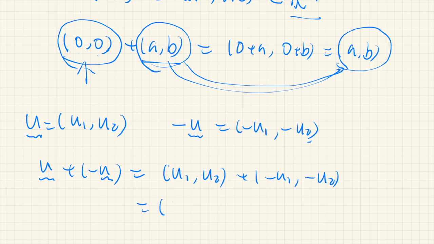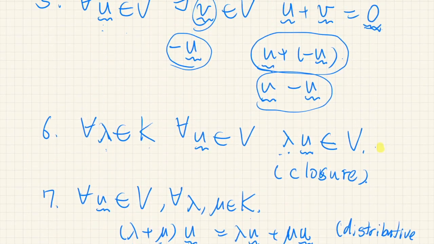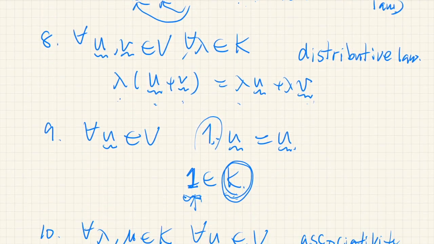If we add them, we have u1 minus u1 and u2 minus u2. That is (0, 0), which is the additive identity. By the way, as you can see from this, this additive inverse can be written as negative 1, which is a scalar, times u, right? So in this way, you should check all these properties for example, real two-dimensional space.